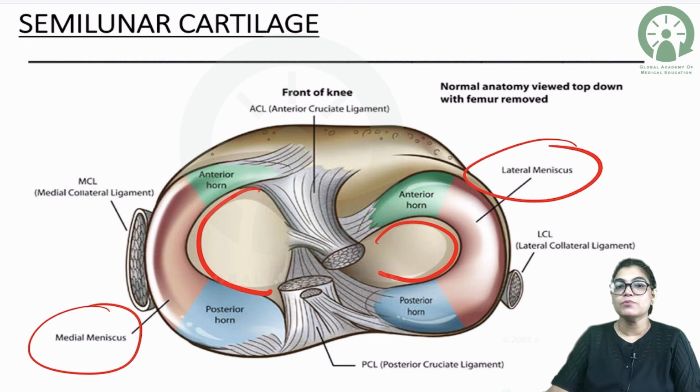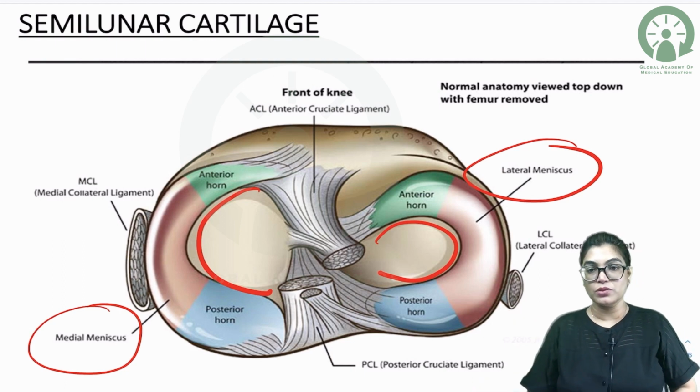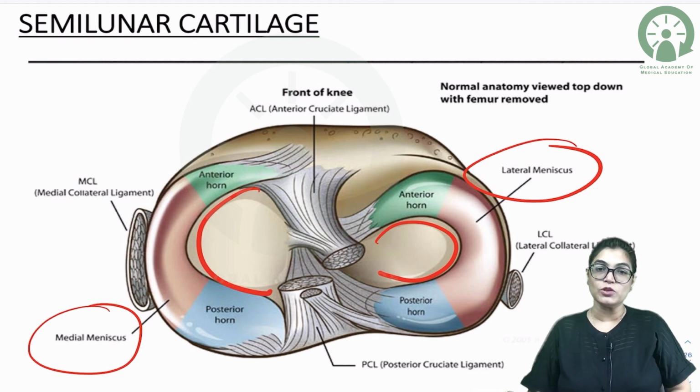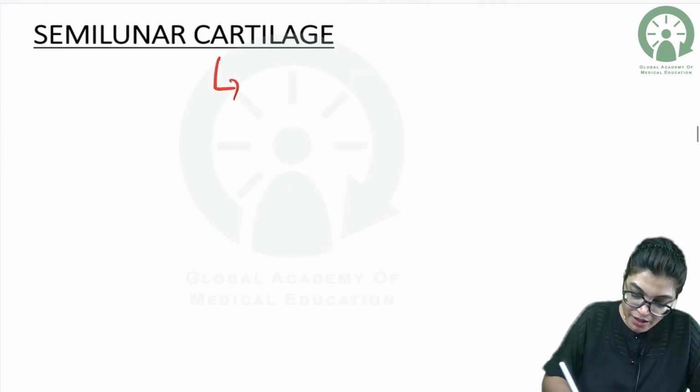Other than that, what is important is that the medial meniscus is adherent to the tibial collateral ligament, so the chance of injury is higher on the medial meniscus. Lateral meniscus is not adherent to the lateral collateral ligament. It has an attachment to the popliteus tendon. So, please note down, semilunar cartilages are made of fibrocartilage.